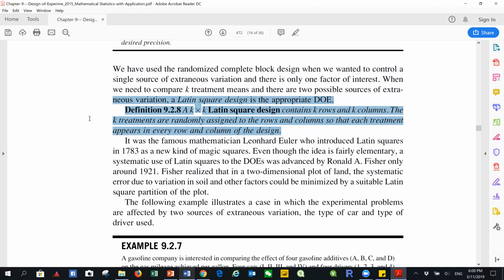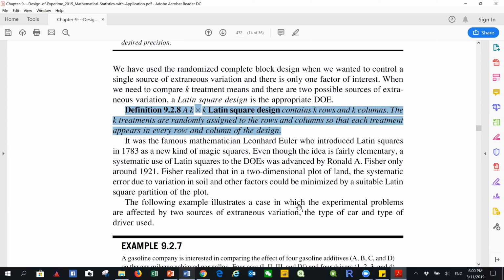And here we see the design definition: a K by K Latin square design means K rows and K columns. That means a row and a column each stand for a factor. Row stands for a factor, column stands for a factor, and each factor has K levels. So they have K rows and K columns.